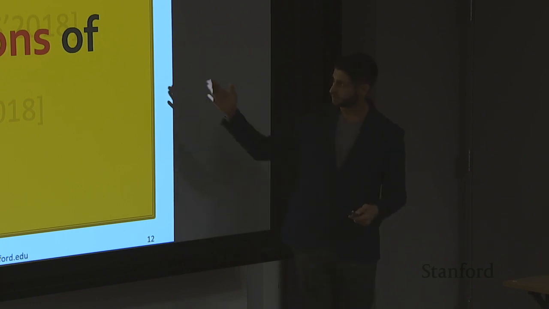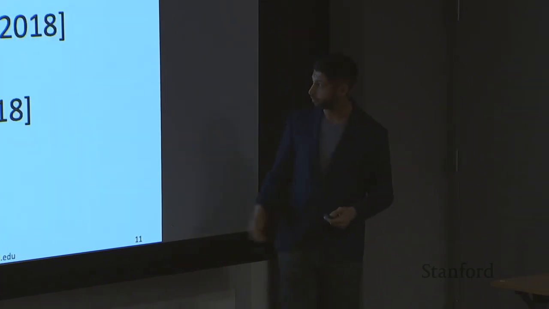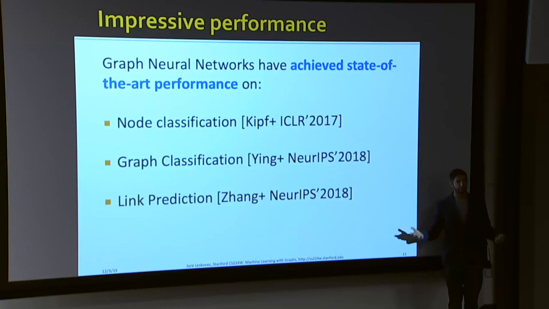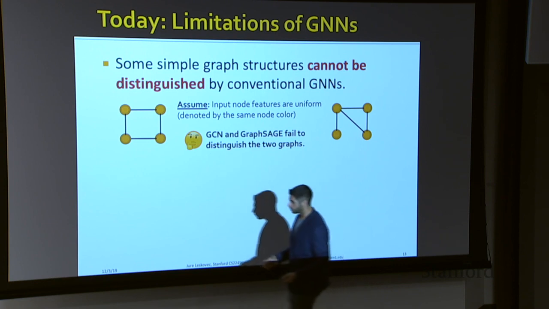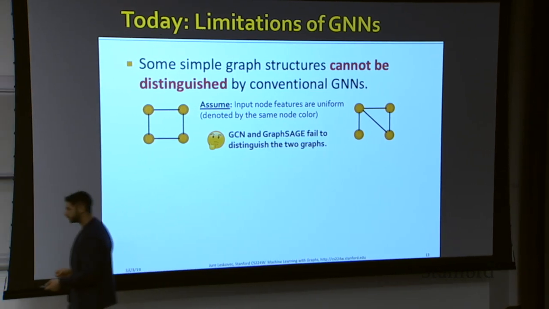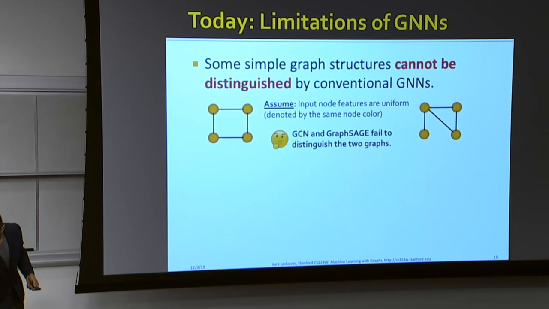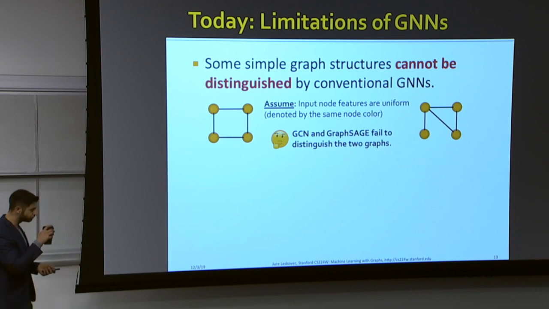Rather, the state-of-the-art results that I just showed you before have been obtained on very famous and common data sets, but there are some corner cases where GNNs will underperform. So what are these corner cases and how can we solve them? We're going to be talking about two main limitations today, okay? The first one is the one I've been alluding to for a while.